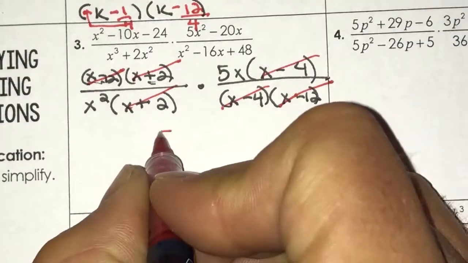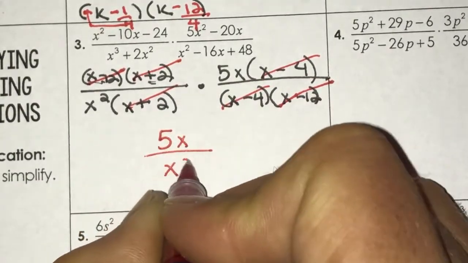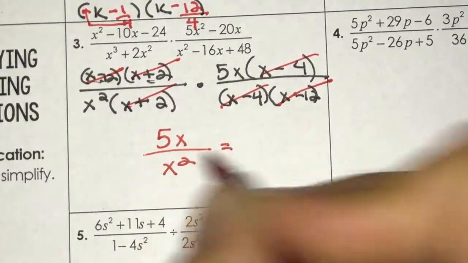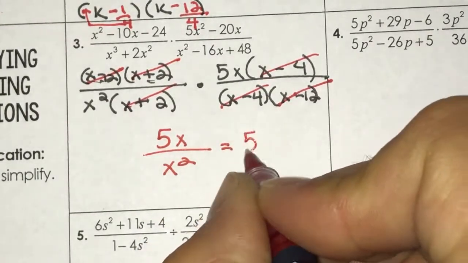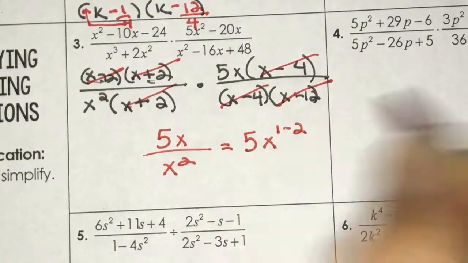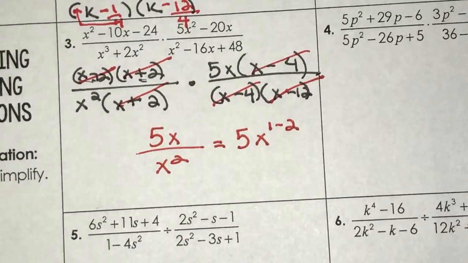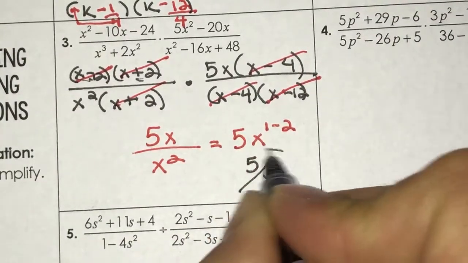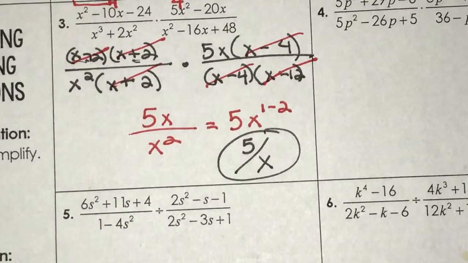Now what we have left is 5x over x squared. And whenever you have the same base, you subtract your exponents, so it'll be x to the negative 1, but if something has a negative exponent, where does it go? In the bottom. So that'd be your final answer.